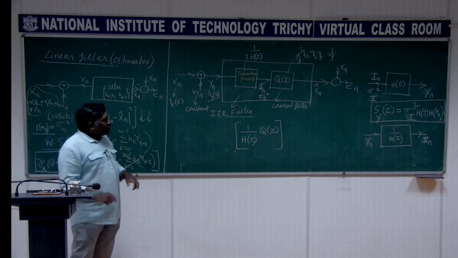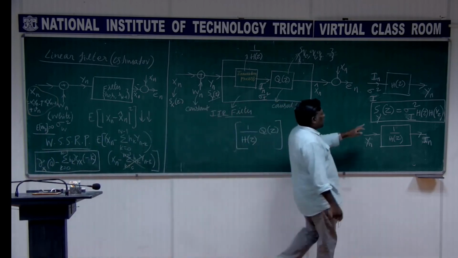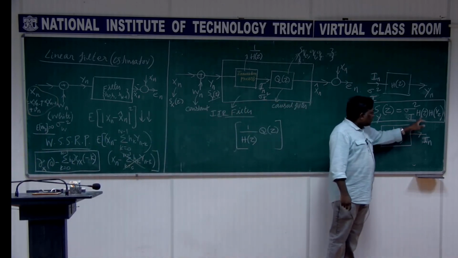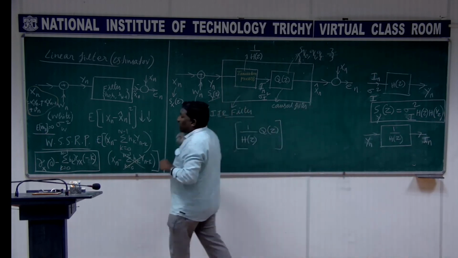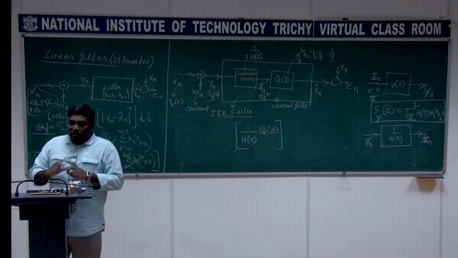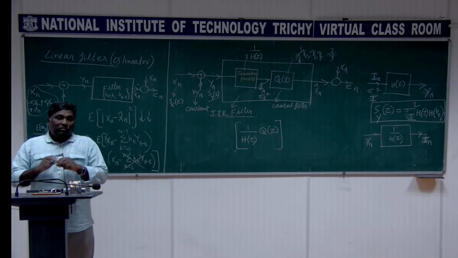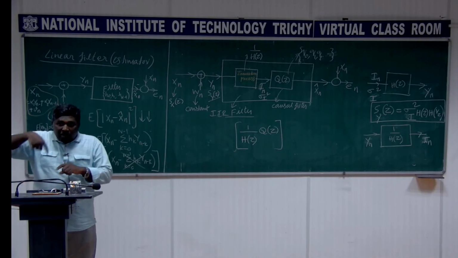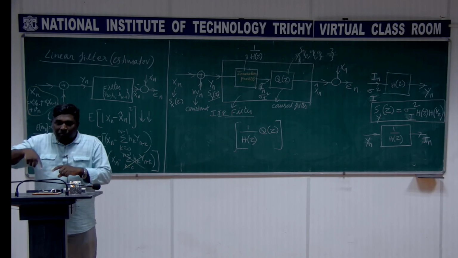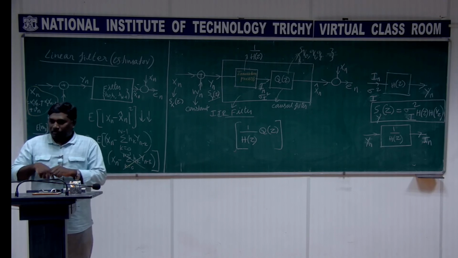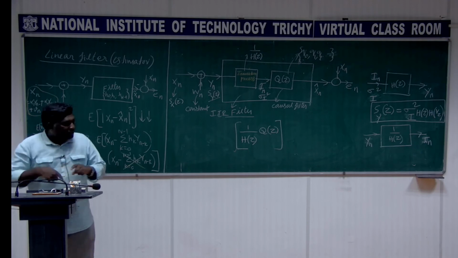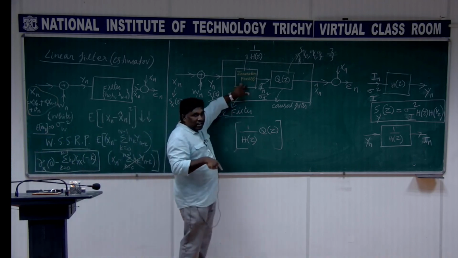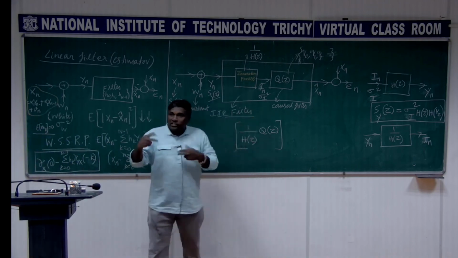So we represent this Sy(z) as the product of these three terms: sigma I squared, H(z) and H(1/z), and I take H(z) and put it here. More important is, when I take this H(z), you have to be very careful that 1 by H(z) is stable, because it should be a stable system. You have to choose 1 by H(z), because that is what I want here, not H(z). 1 by H(z) should be stable.